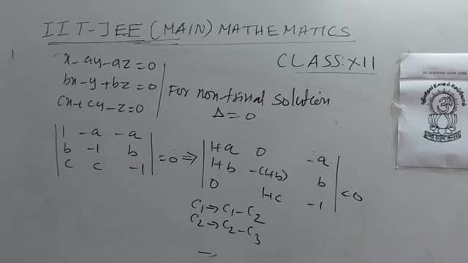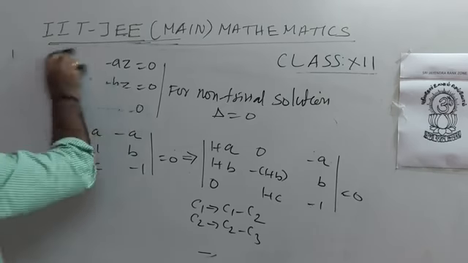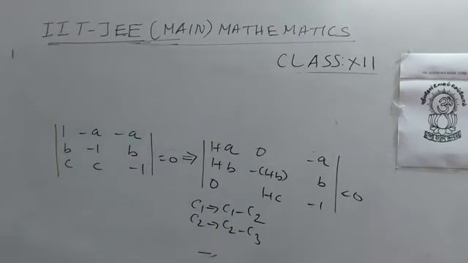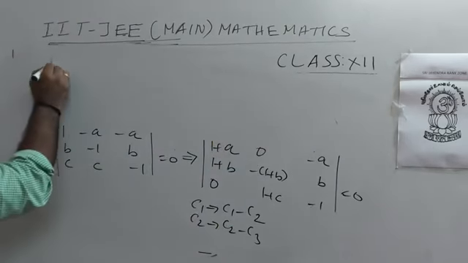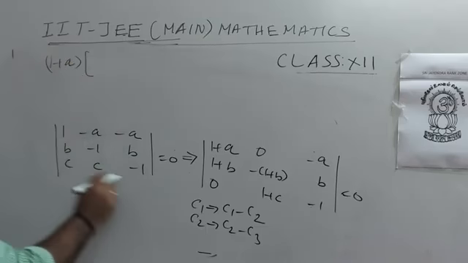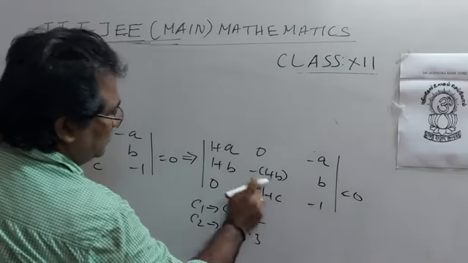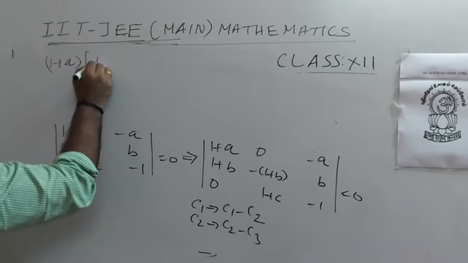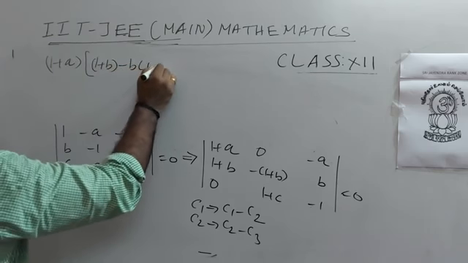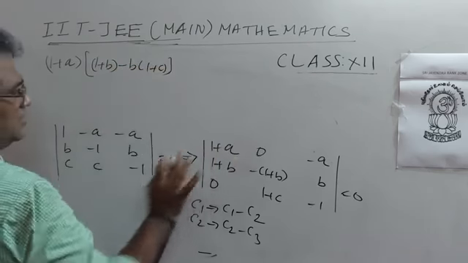Then we can expand. So 1 plus a, using the first row, you can expand 1 plus a into, so multiply this 1 plus b minus b into 1 plus c. Then 0 into anything is 0.